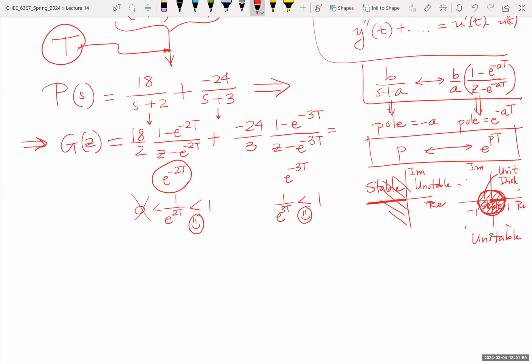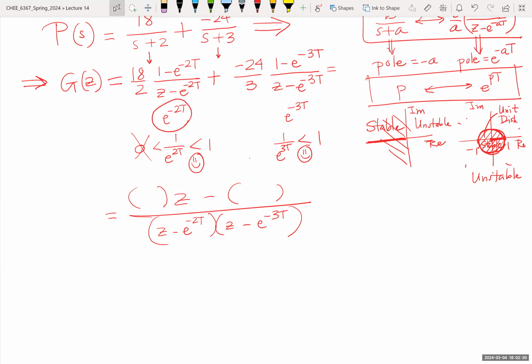You know how to add two fractions that don't have the same denominator, right? So the numerator is going to have something times z minus something, and the denominator is going to be z minus e to the minus 2t, z minus e to the minus 3t. So this is my g of z.